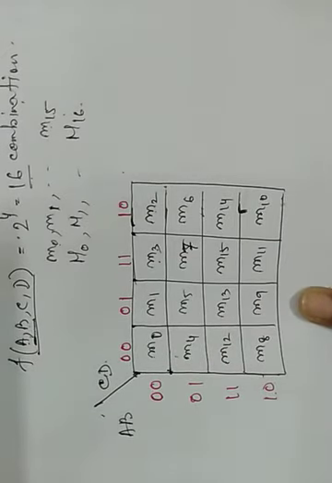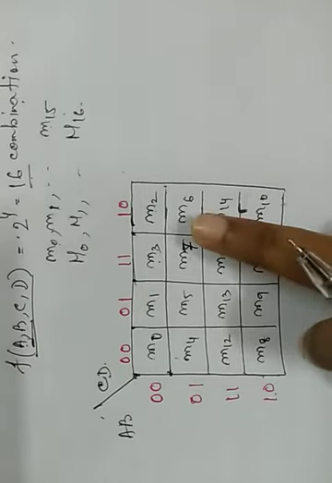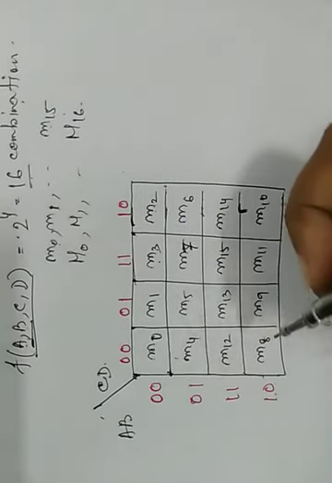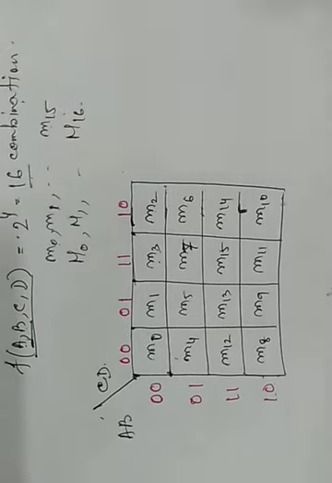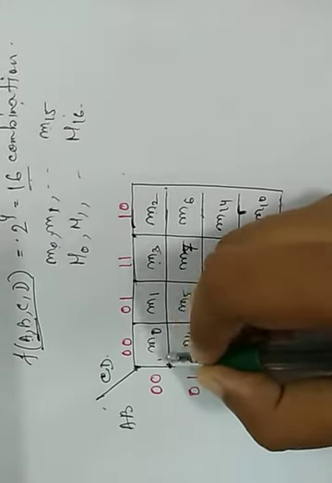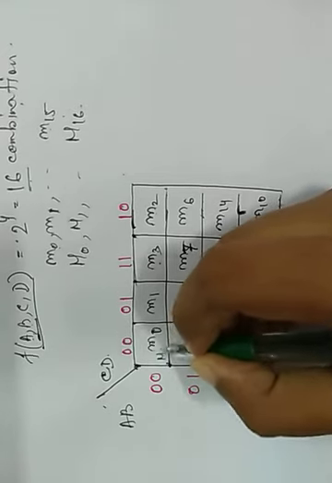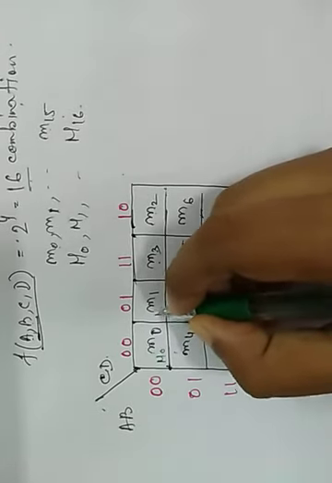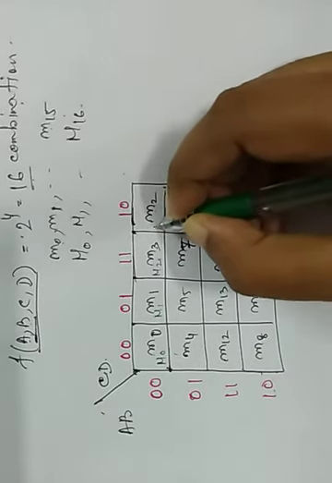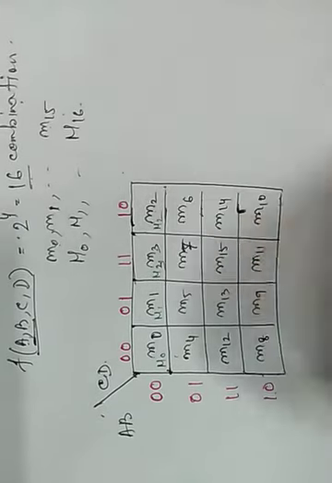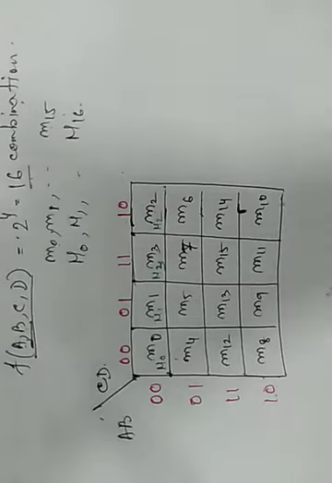We should place the minterm values here in this way, and if we want maxterms, then for maxterm values also the cells are the same. This cell is for M0, M1, M3, M2, like this.